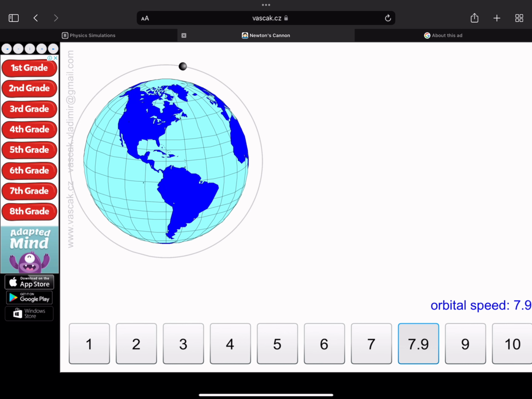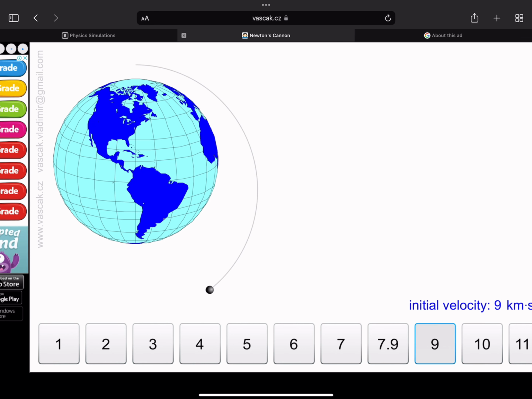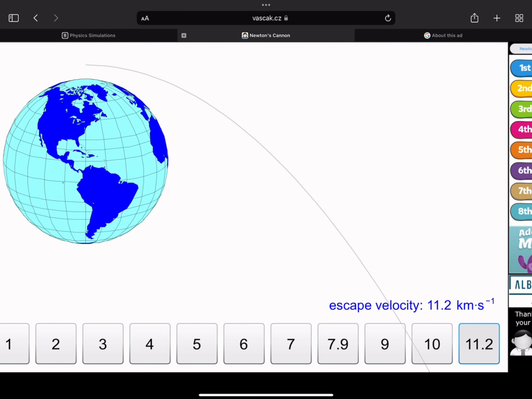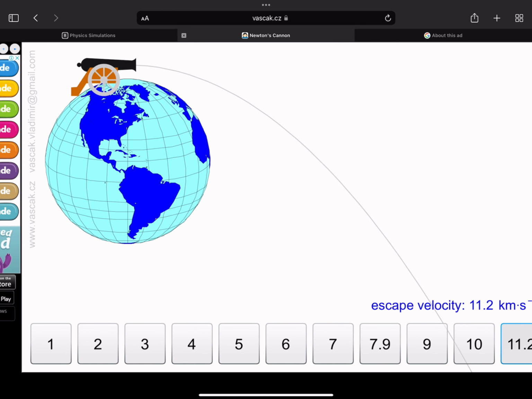Here is a very simple thing, a little bit about the escape velocity. If you increase the velocity to 10, it moves in a big circle, but it is not a circular orbit. But when you increase the velocity to 11.2, your object is not even orbiting around the earth, and it will escape from the surface of the earth.